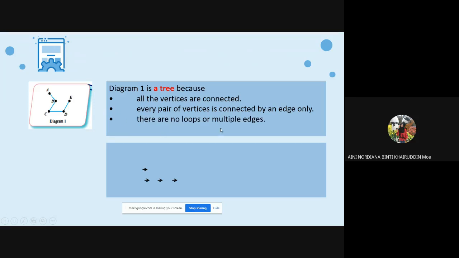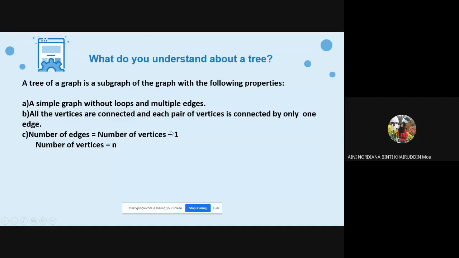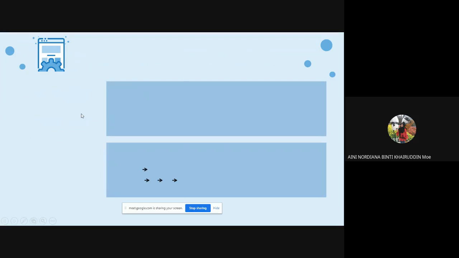Lepas tu there is no loops or multiple edges. Loop tak ada, multiple edges pun tak ada. So ni syarat yang ketiga tadi. Bila dia ada 5 vertices, edges dia mesti 4. Remember just now? If the number of vertices is n, let's say 5, so number of edges, 5 minus 1 equals to 4.